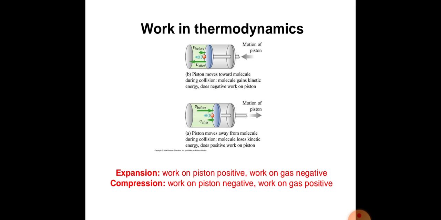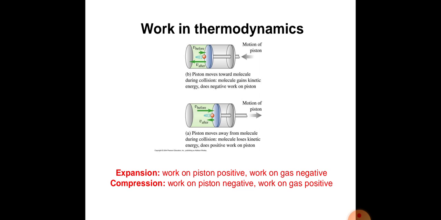We have to first understand what work is and how it occurs during this process or during the system. So here is a piston cylinder example. In the figure, the piston moves away from the molecules.